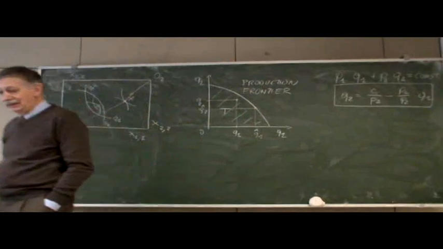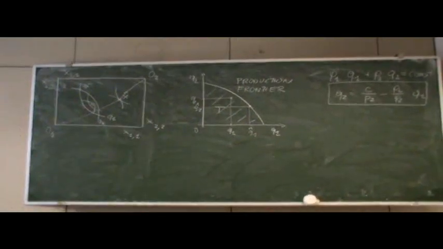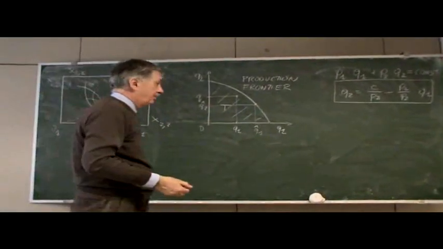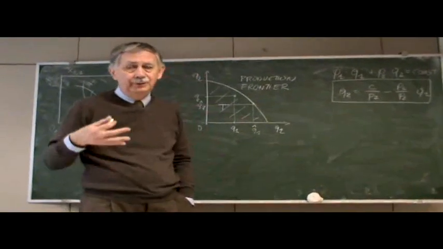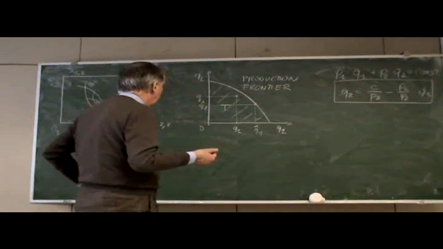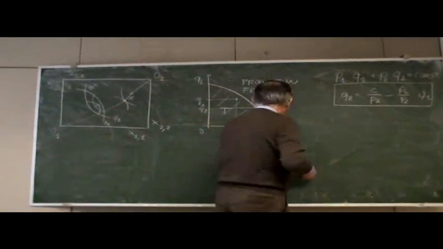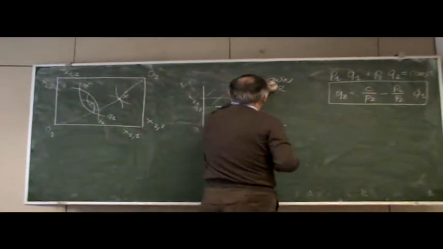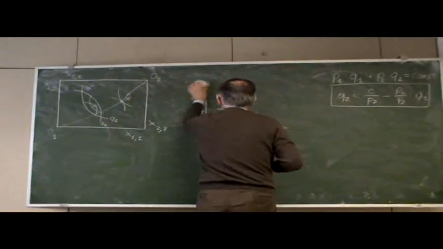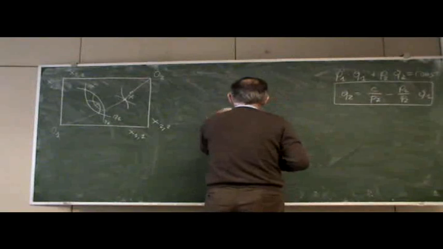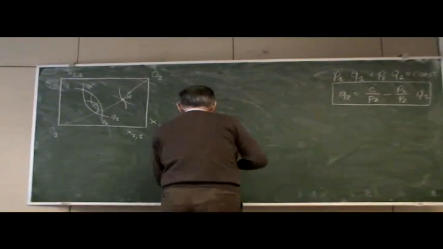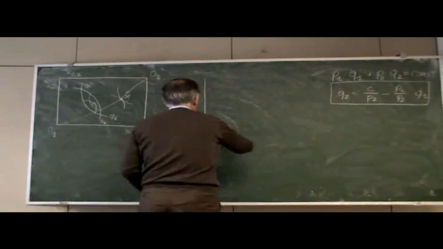It is a straight line, the locus of all the points such that the total value of production is equal to the given constant. Clearly, there are many of these iso-revenue straight lines, one for each constant. So you have a result like this.